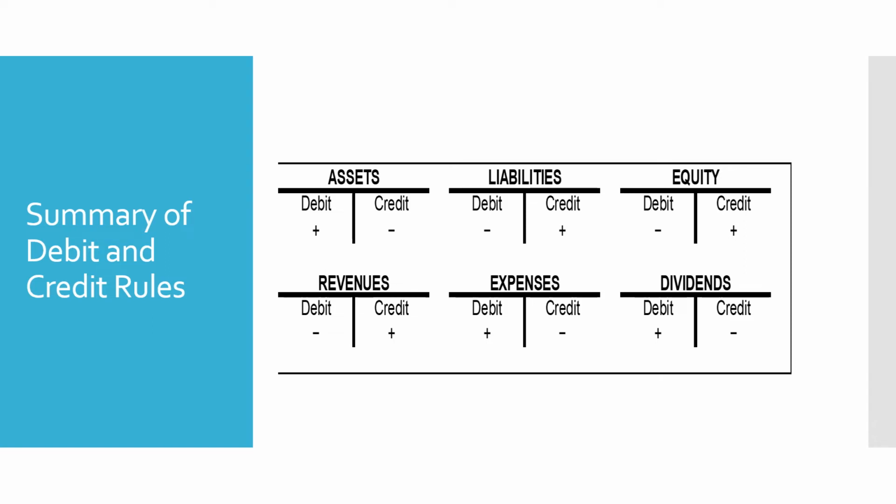They're increased by debits, decreased by credits, and have normal debit balances. Typically during an accounting period, you will only credit revenue accounts, you will only debit expense and dividend accounts.